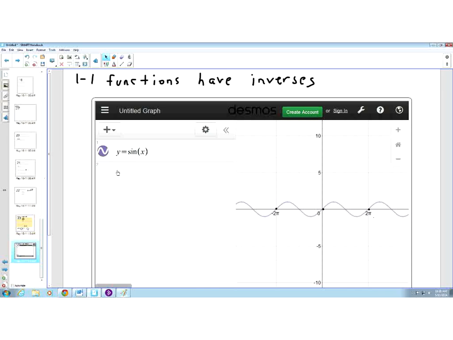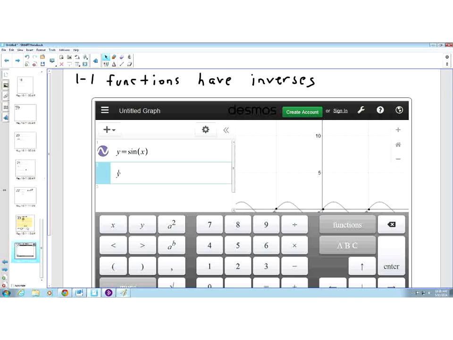So if I were to go back and graph y equals sine x, and I restrict my x between -pi halves and pi halves.